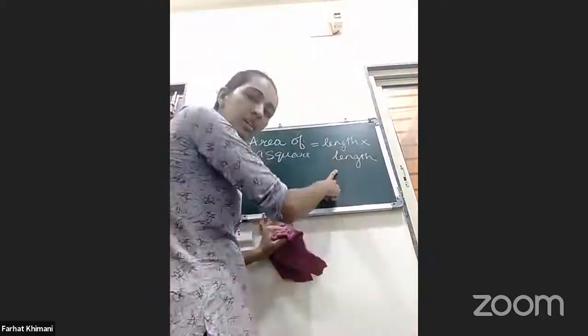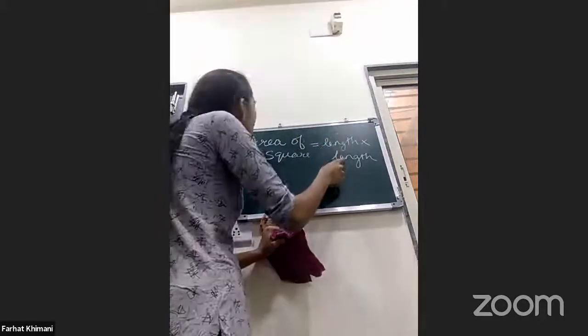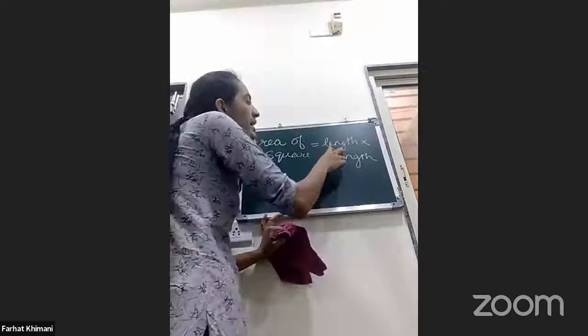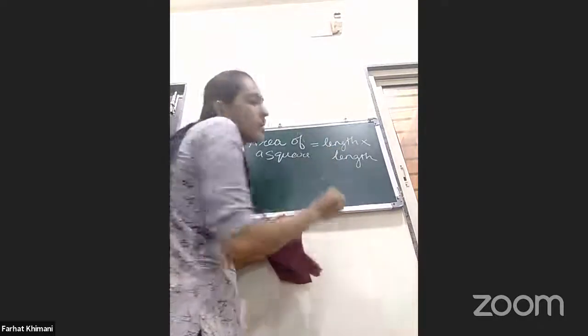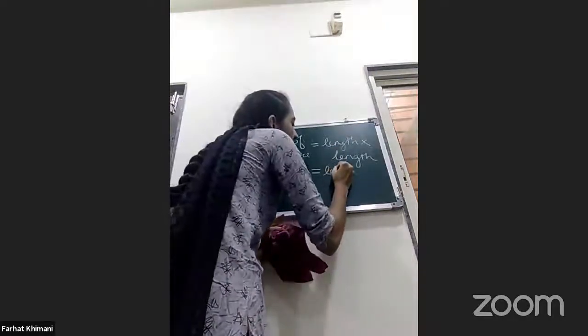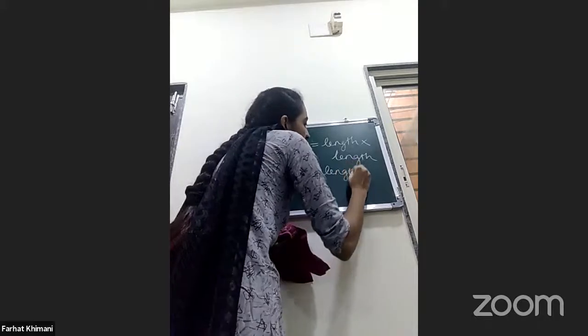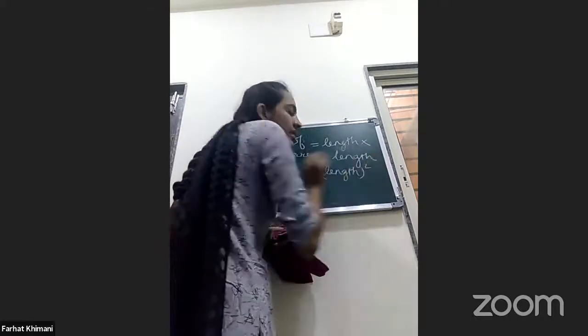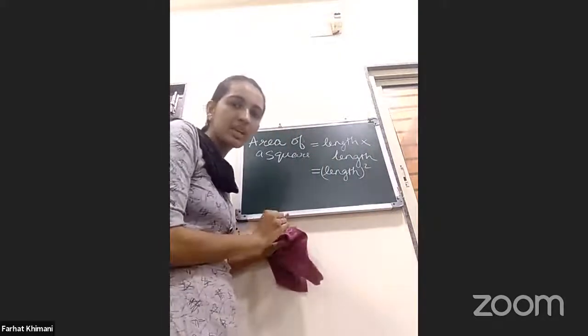Length multiplied by length. So what we get is length square. Okay?